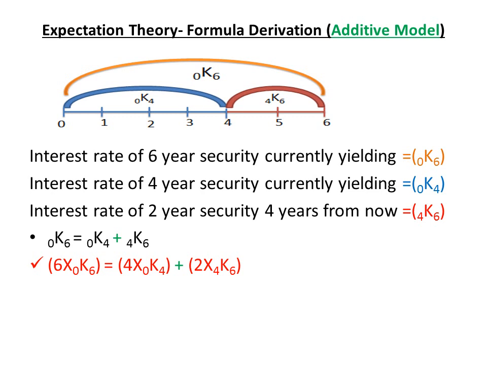So 6 into 0K6 equals 4 into 0K4, since the difference between 0 and 4 is 4, plus 2 into 4K6, since the difference between 4 and 6 is 6 minus 4 equals 2. This is our expectation theory formula from the additive model. Have a look at the green color. This is added. So this is the additive model.